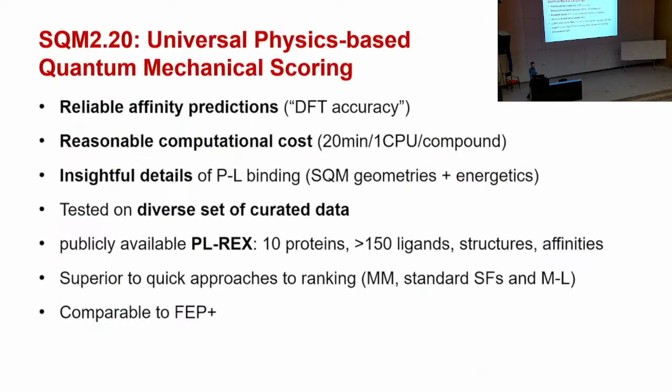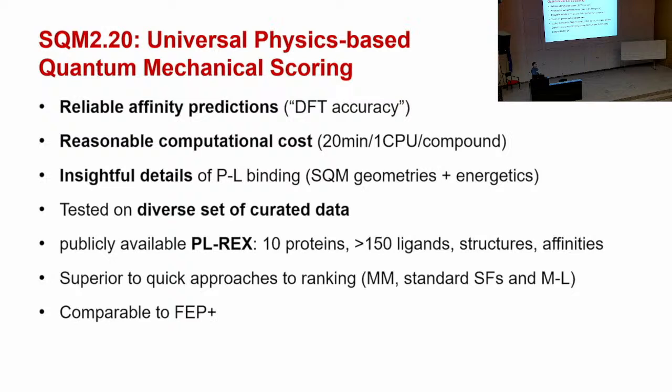All right, so I think I should stop here by summing up that with SQM 220 we have a universal, up to now, as we can say, physics-based quantum mechanical scoring, which gives DFT accuracy predictions within 20 minutes on one CPU.